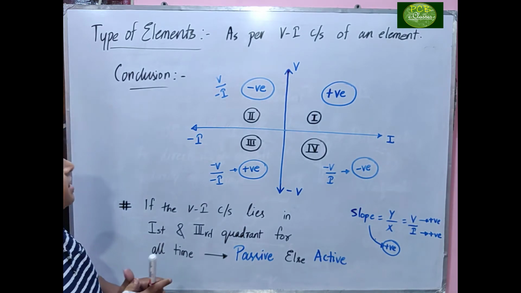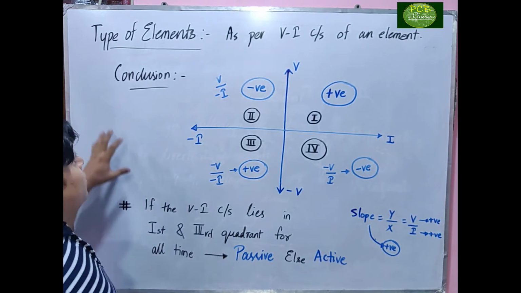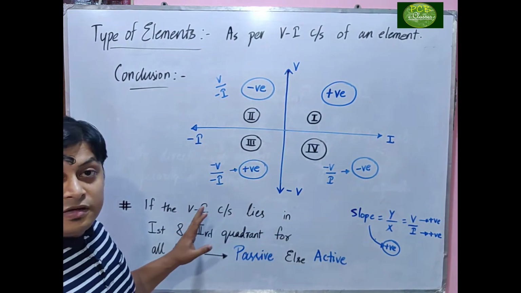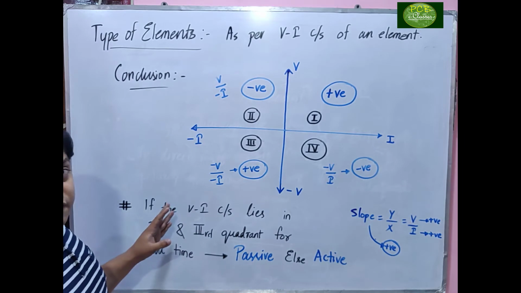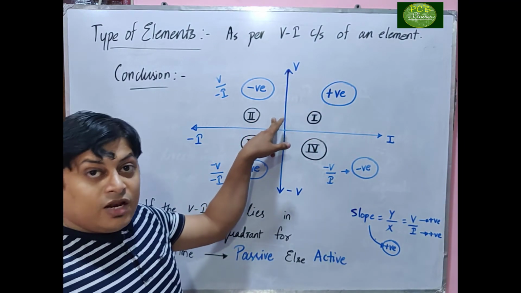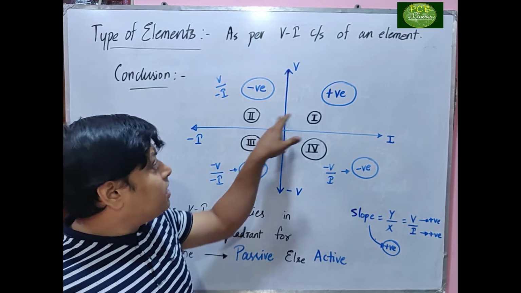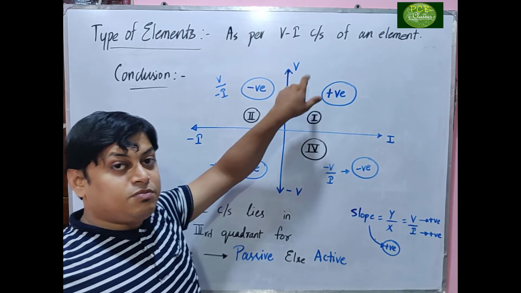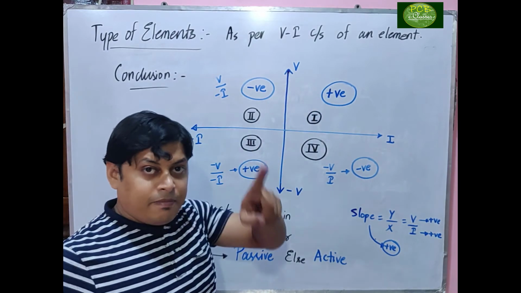Fine. This is a conclusion we have got from the VI characteristic for active and passive. If the characteristic lies in the first and the second, then also it is active, because for all time it is not remaining positive. If it remains positive for all time, then only it will be said as passive.